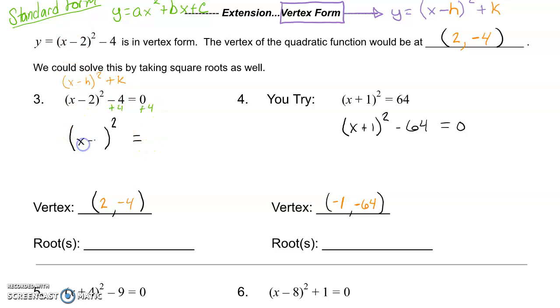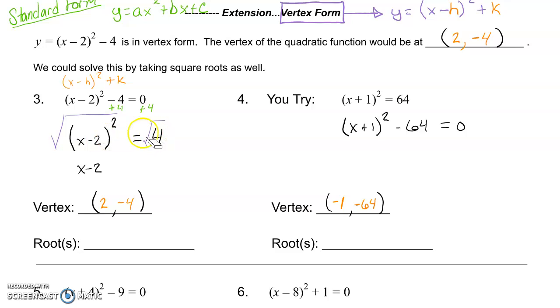I keep this x minus 2, and now it's equal to 4. Now that I have my quantity squared equal to 4, I can take the square root of both sides. And the square root of this is x minus 2. Here's where things get tricky.